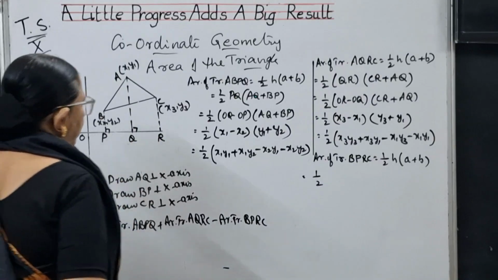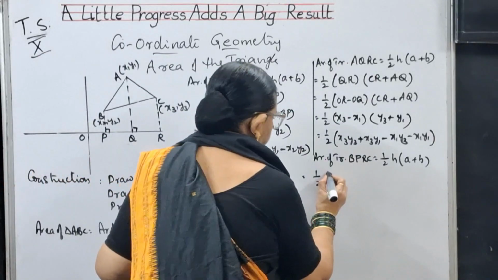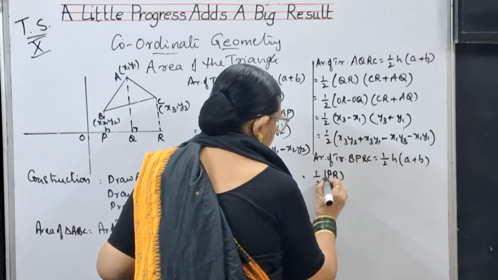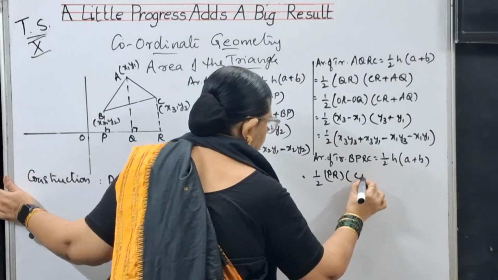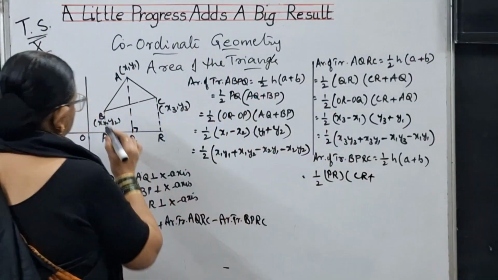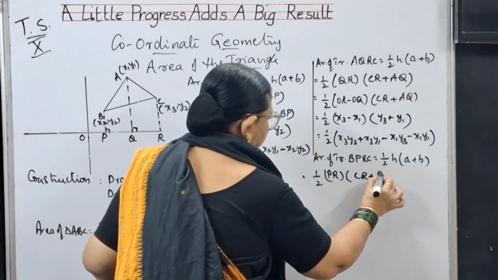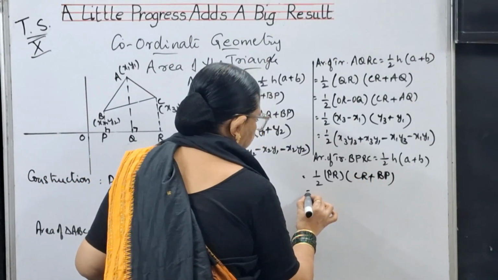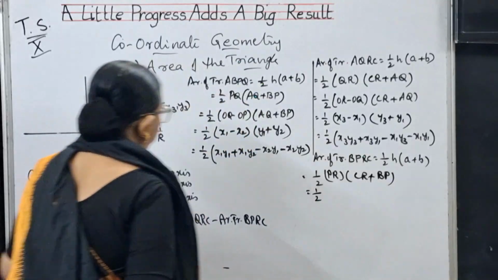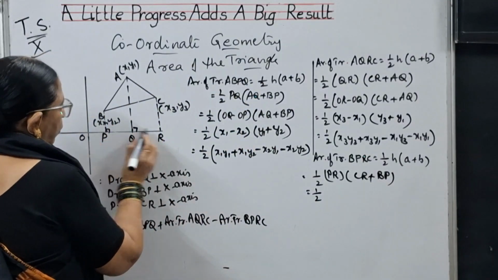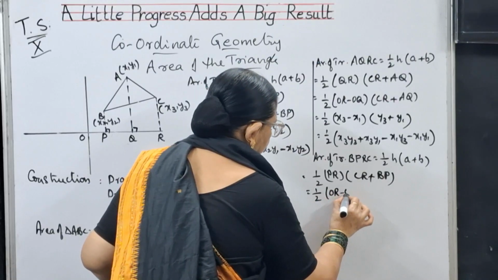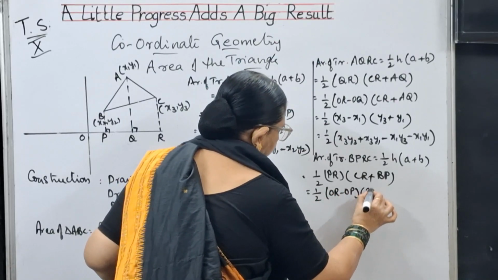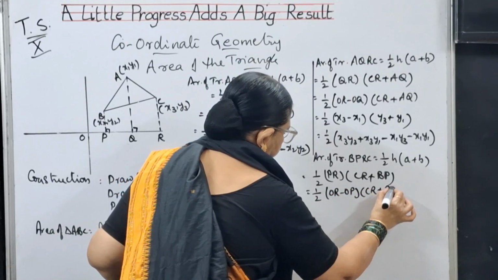This is the height. Half h, h is PR, into a. What is a? CR, plus b, BP. So this is nothing but half into, what is PR? OR minus OP into CR plus BP.